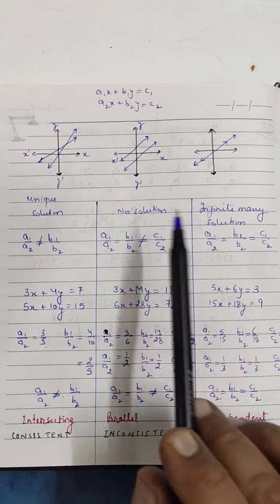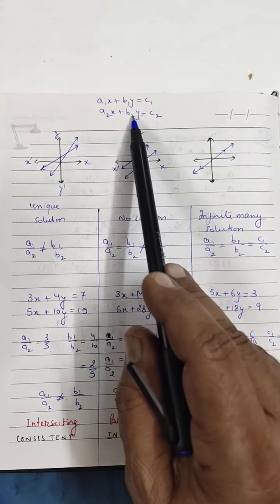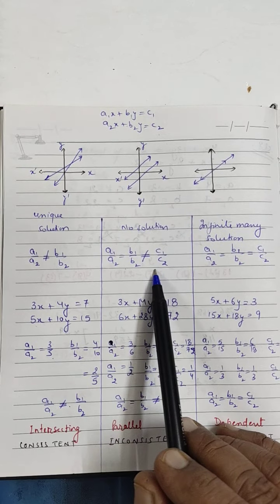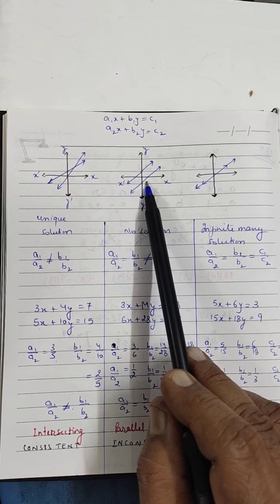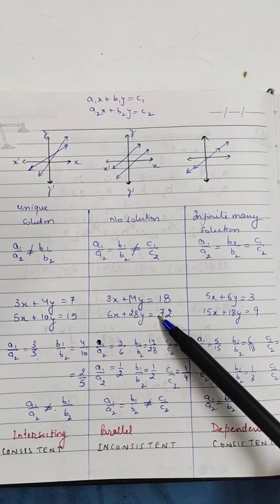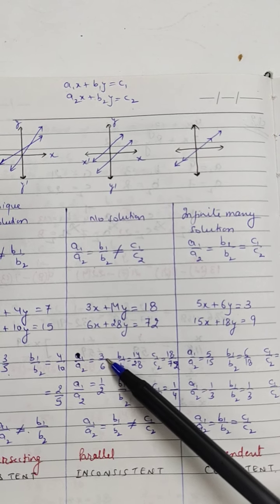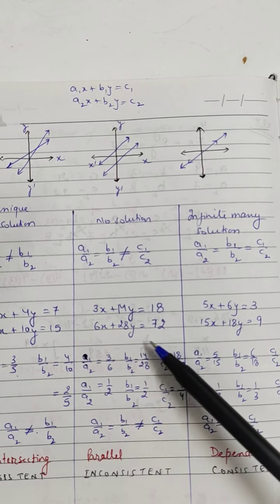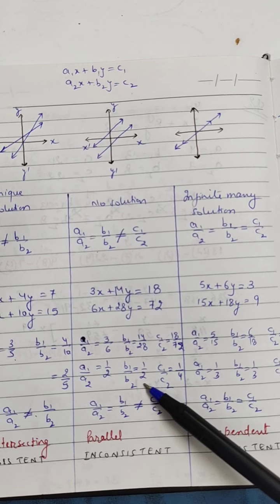In case a1 by a2 and b1 by b2, the two ratios are equal, but they are not equal to the third ratio, then the two lines will be parallel and we are going to get no solution. Let's see these two equations. We have a1 by a2 as 3 by 6, which comes out to be 1 by 2. b1 by b2 is 14 by 28, which comes out to be 1 by 2.